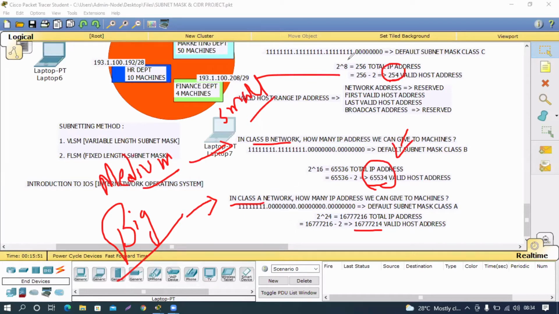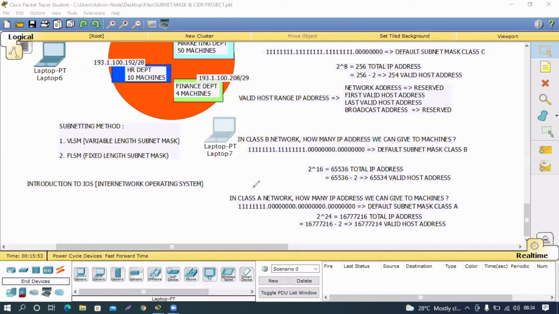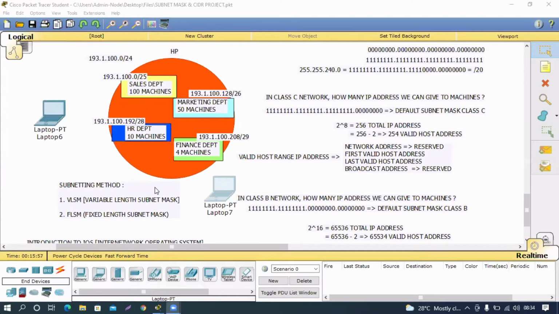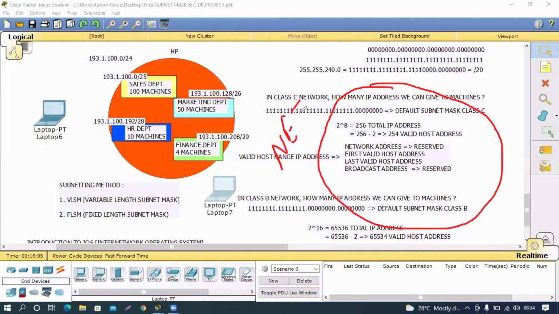The network address is nothing but the identifier of your machine's network itself. For example, if we are talking about a network like this, okay, this is a network, right? This is your local LAN.